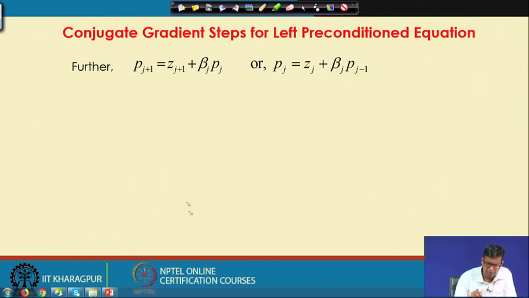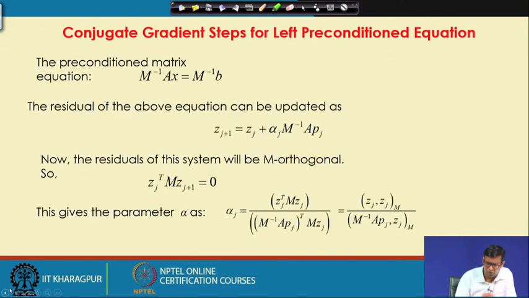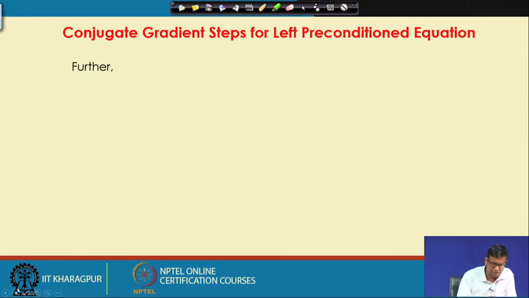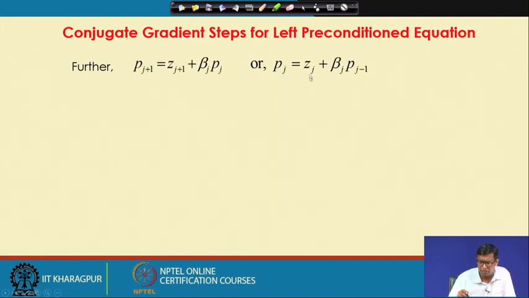So, what we have already obtained is a dot product between p j and z j, and now we will see how we can modify this. We got the relationship p j is equal to z j plus beta j p j minus 1.